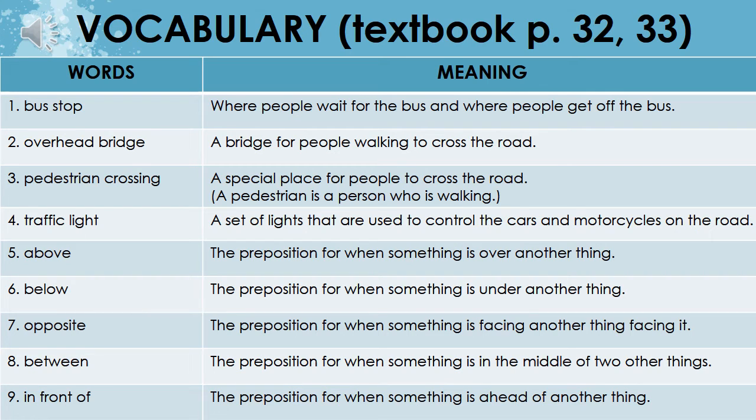Below. Number 7, opposite. The preposition for when something is facing another thing. So imagine your friend and you were looking at each other, talking to each other's faces. You guys would be standing opposite each other.